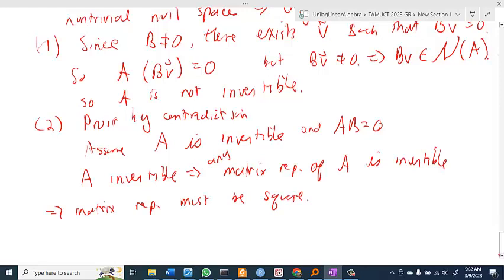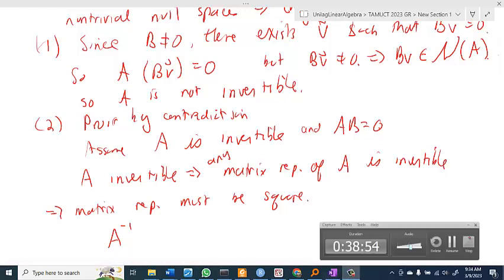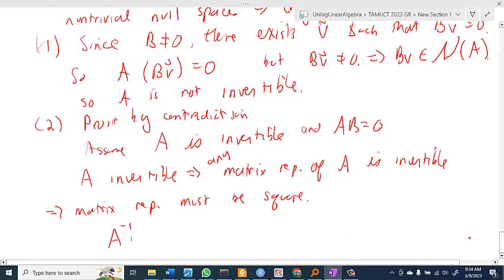So A inverse exists because the matrix is invertible, and A inverse is also invertible.